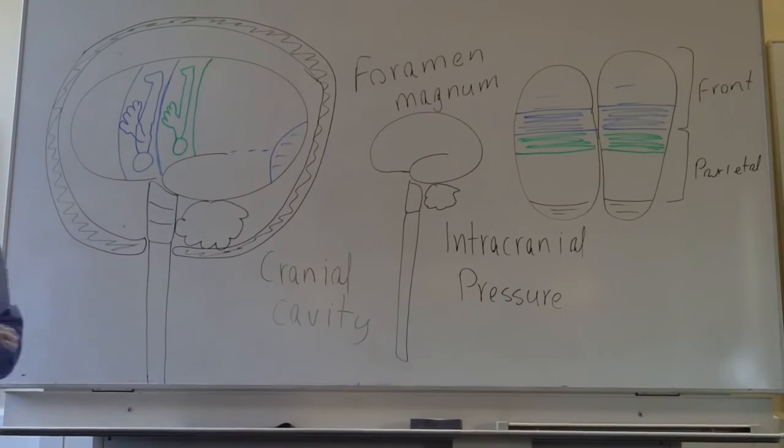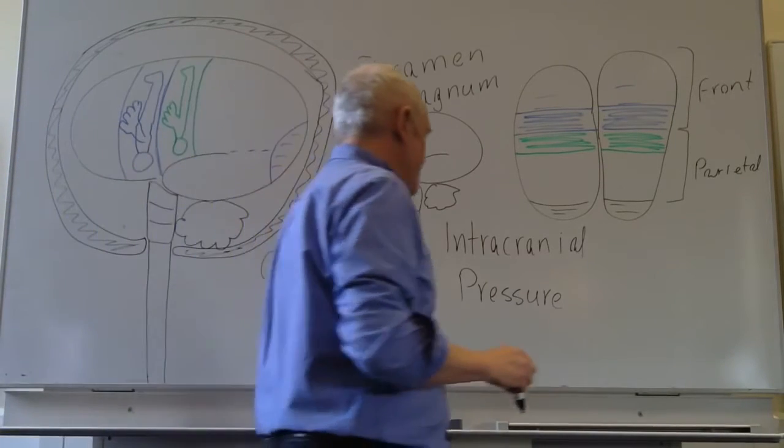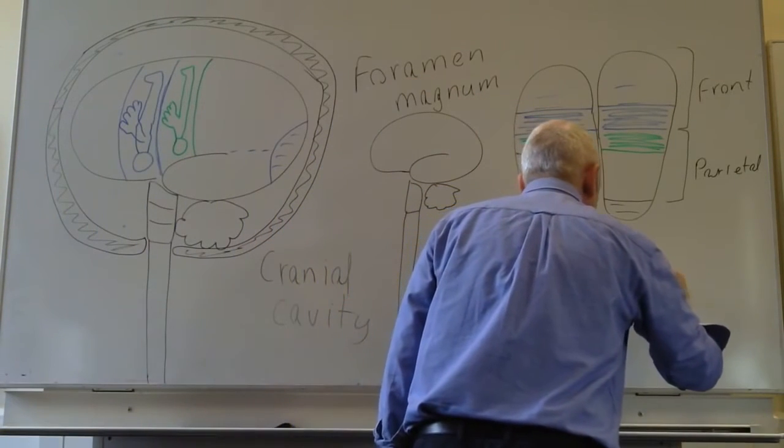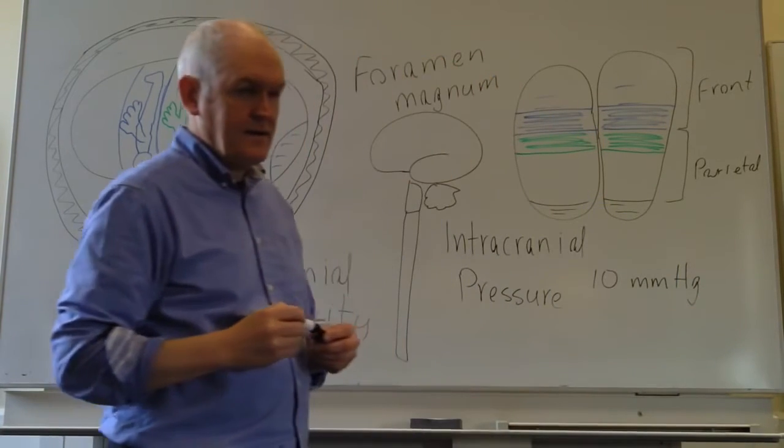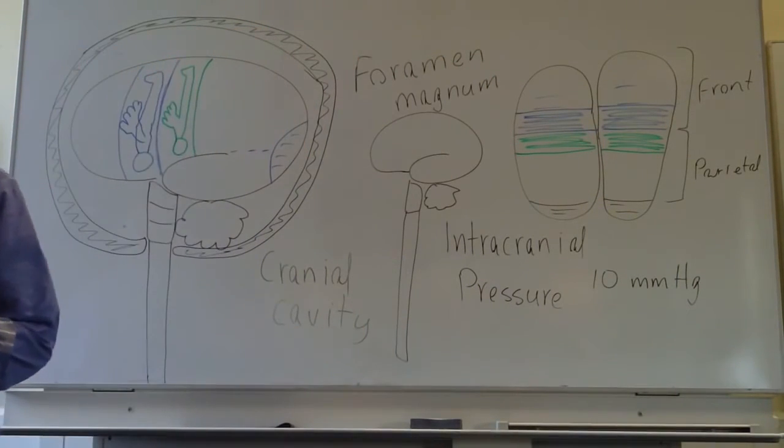And when you're lying down, yours is probably around about 10 millimetres of mercury, give or take. When you're standing up, it's going to be less, but when you're lying down, it's about 10 millimetres of mercury. So there is a definite pressure in there.